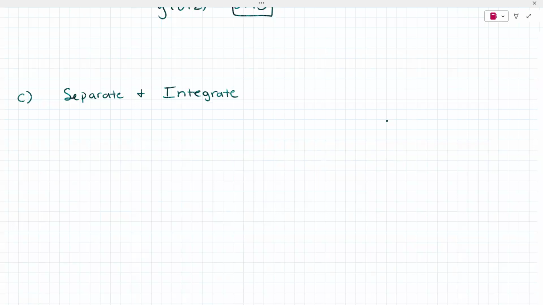So my initial condition is f of 0 equals 3. And our differential equation is dy over dx equals xy over 2. Then what you would do is cross multiply. So step 1, separate or cross multiply.